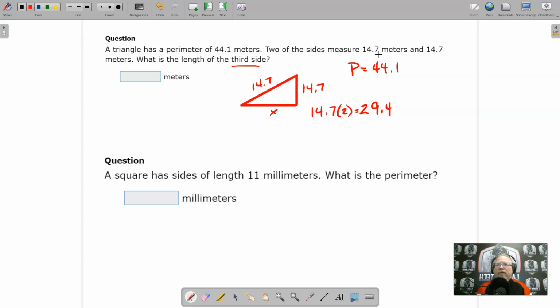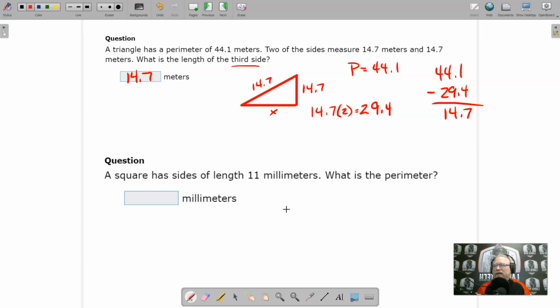We know that the entire perimeter is 44.1, so now we're going to take 44.1 and subtract from it the sum of the two sides we do have, which is 29.4. So 44.1 minus 29.4 is going to give us, oh, imagine that, 14.7. So all three sides are 14.7 meters.